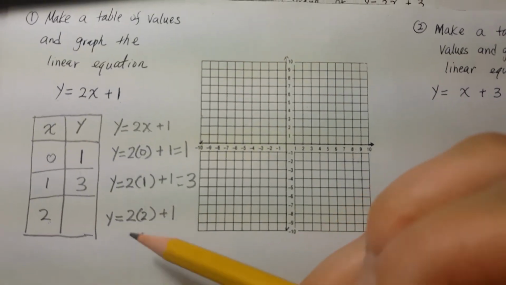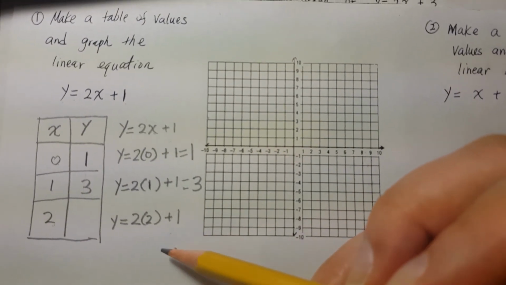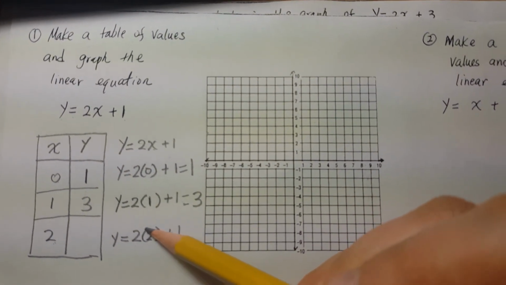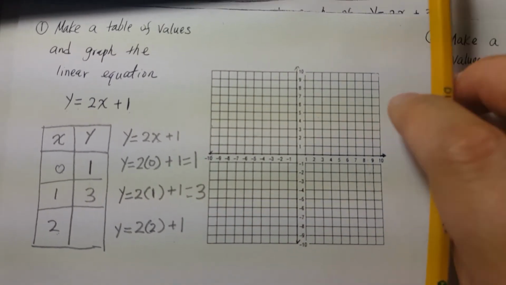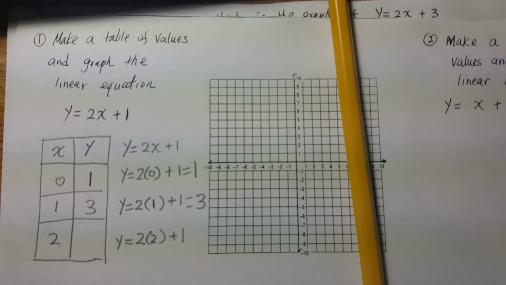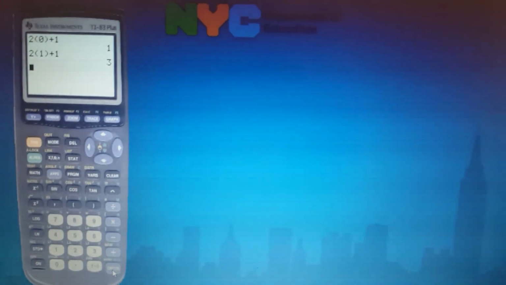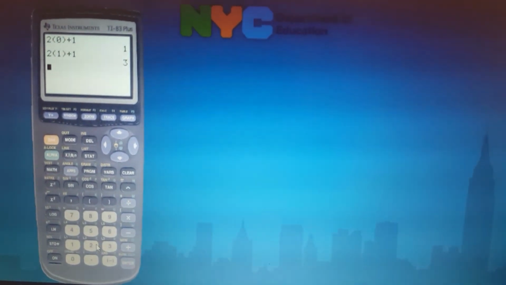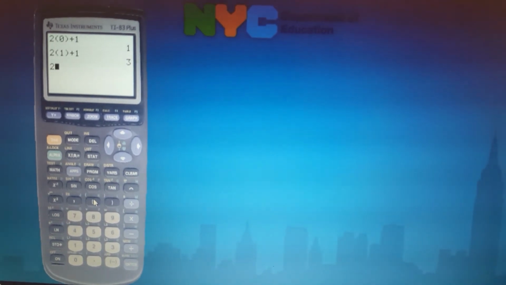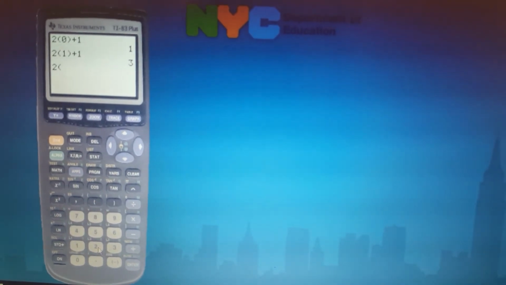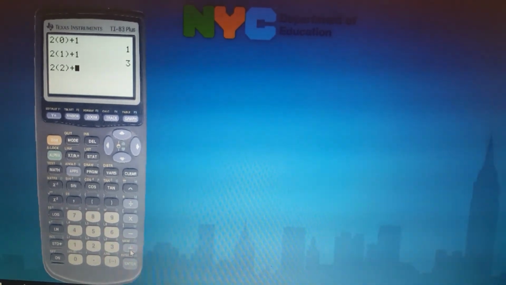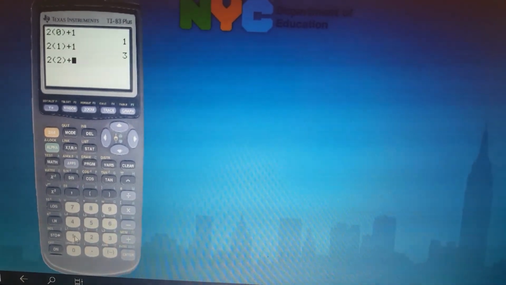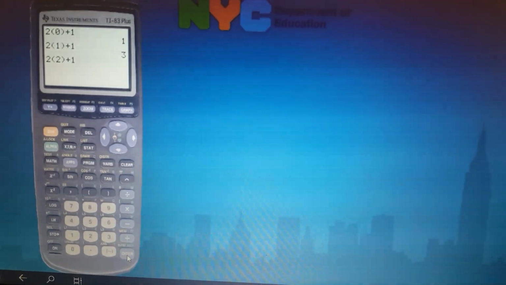Now I'm going to type this one into my calculator again. I had to do 2, open parenthesis, 2, close parenthesis, plus 1, and click enter.